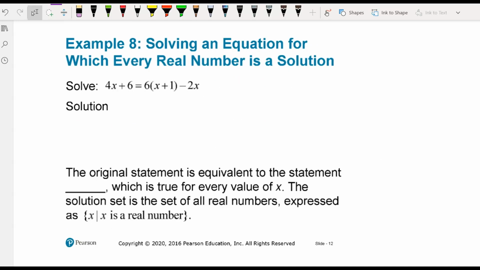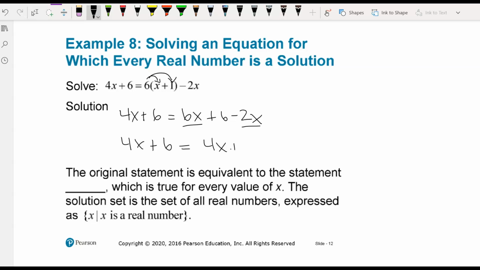All right, solving an equation for which every real number is a solution. So you distribute. So you have 4x plus 6 equals 6x plus 6 minus 2x. If you combine like terms, it's going to be 4x plus 6.